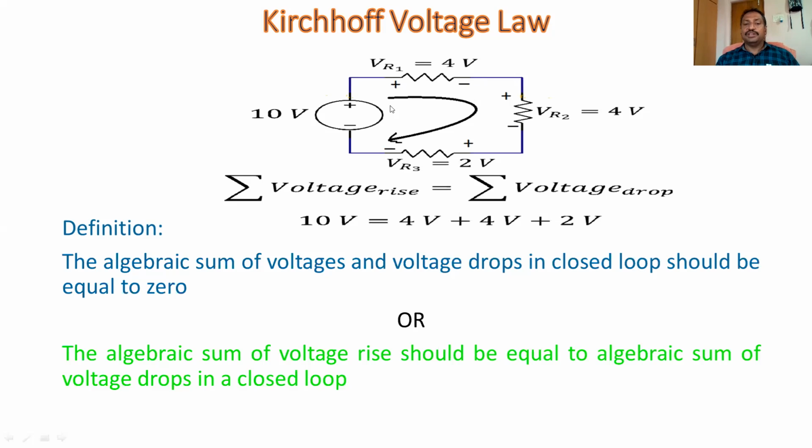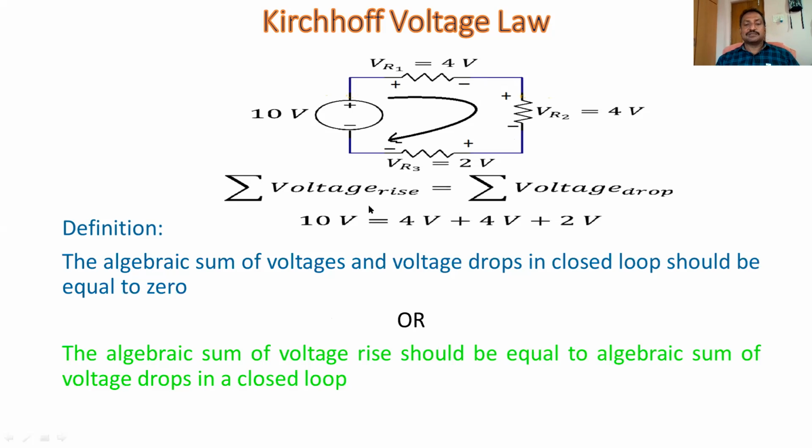That is the way we mark positive and negative signs for any type of element. A positive sign indicates current entering, a negative sign indicates current leaving. So we remember that here current enters, current leaves, current enters, current leaves, and here also current leaves, current enters. So this is about the Kirchhoff voltage law.